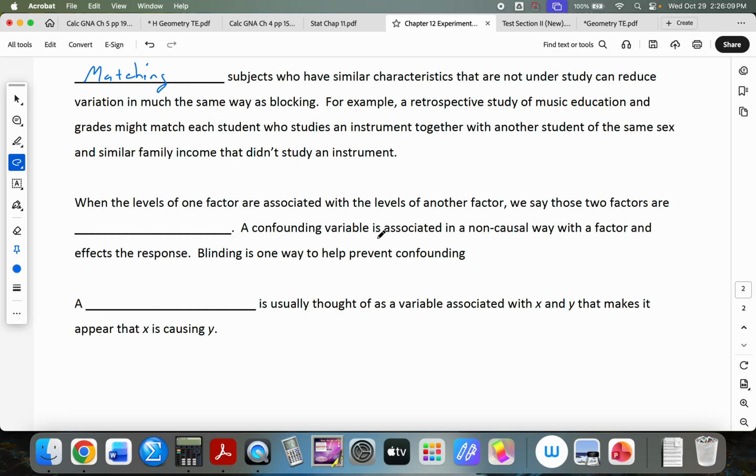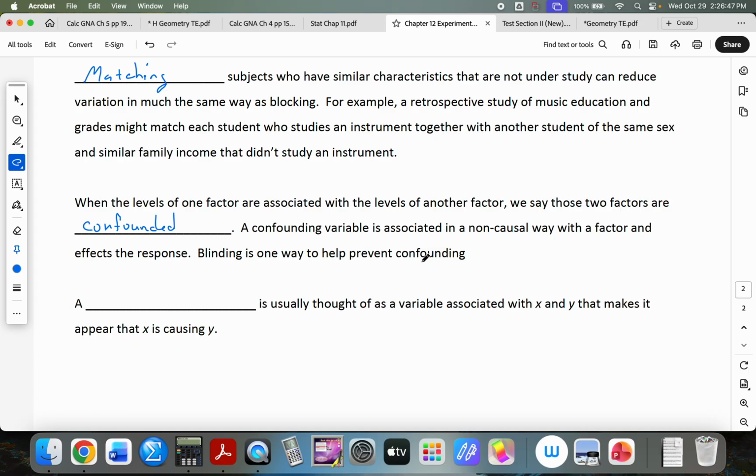So here are two things that get confused a lot. When the levels of one factor are associated with the levels of another factor, we say that those two factors are confounded. A confounding variable is associated in a non-causal way with a factor and affects the response.